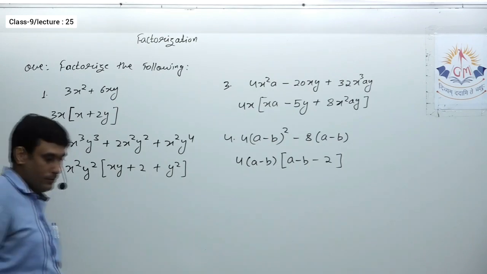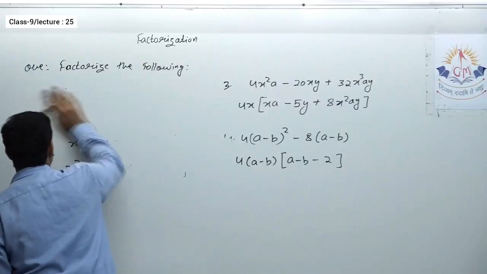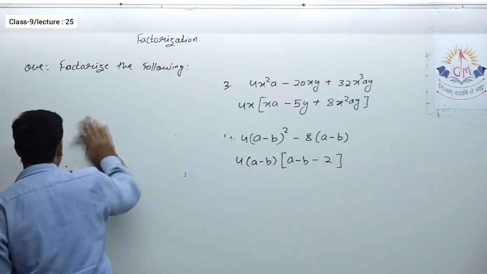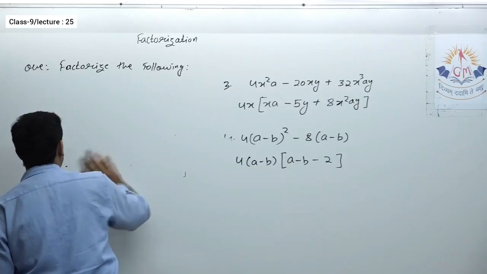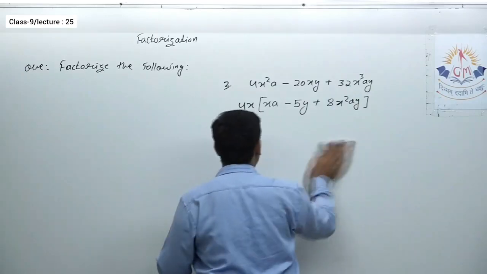Okay, so now let us start questions from your textbook. Again we have to factorize only, so this might be asked as: find the factors of the following, or factorize the given expression.